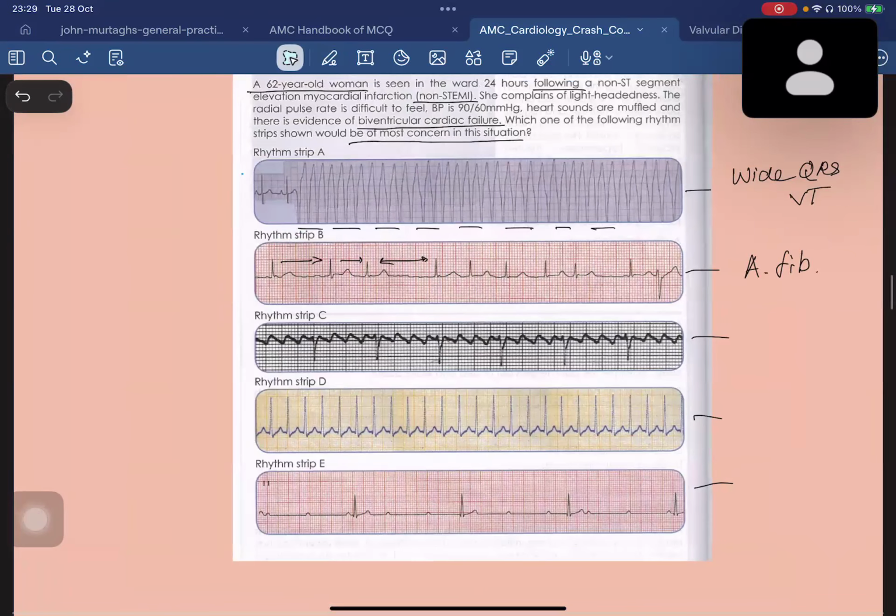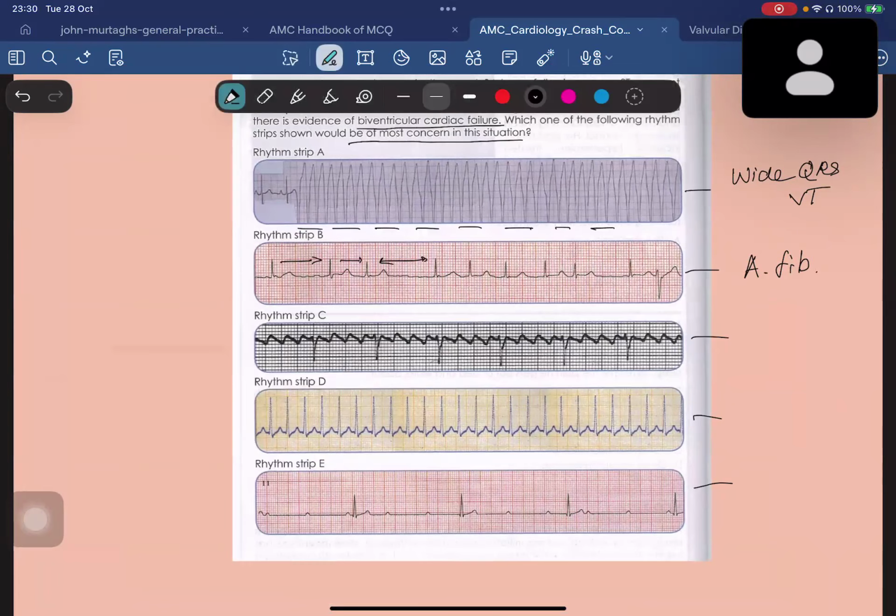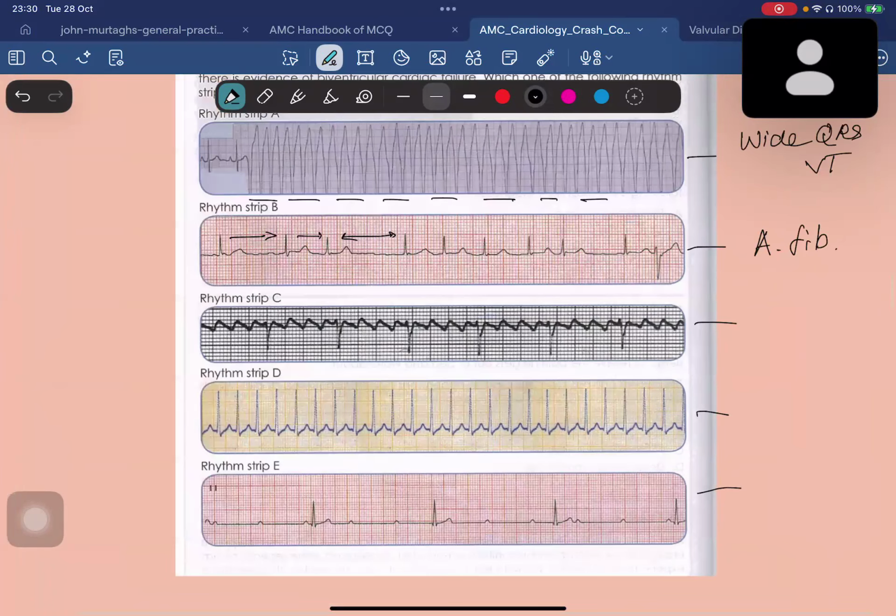Before that, when you compare A and D, it's pretty obvious one has a wide QRS and one has a narrow QRS. So D is narrow QRS, and that would be my SVT.